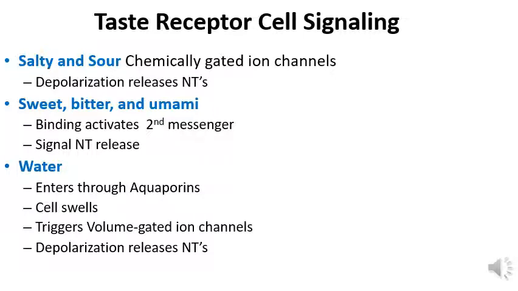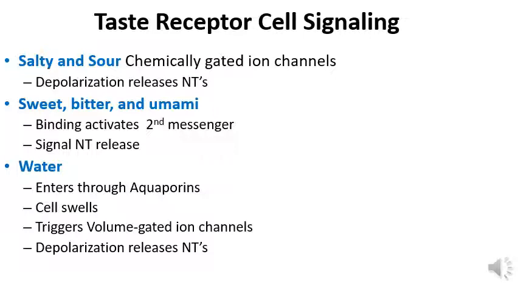That second messenger compound might be something like cyclic AMP, but regardless, what it's going to do, it's going to stimulate, once again, release of a neurotransmitter, at which point will depolarize a sensory neuron that's going to carry that information into the gustatory cortex of the cerebral cortex and will interpret that taste as being sweet, bitter, or umami.